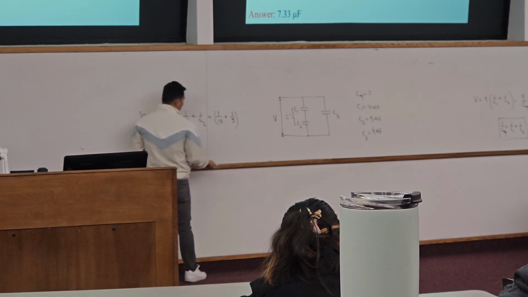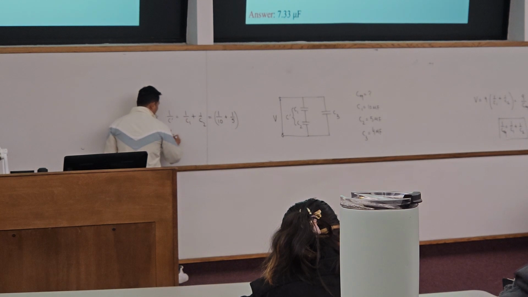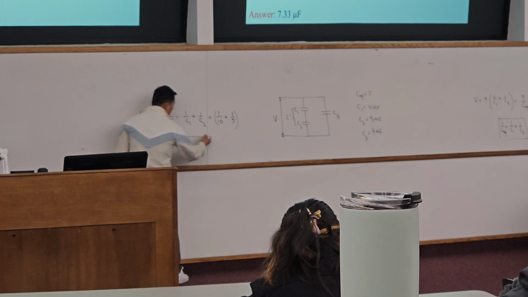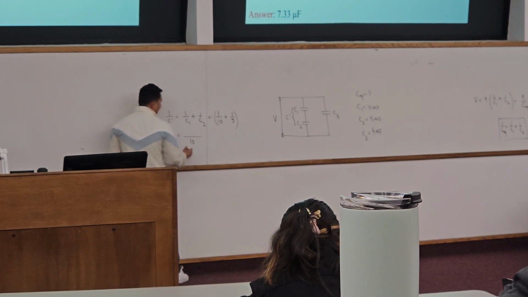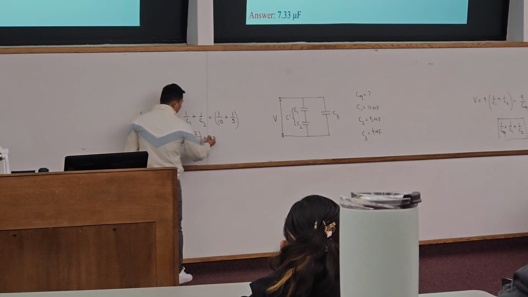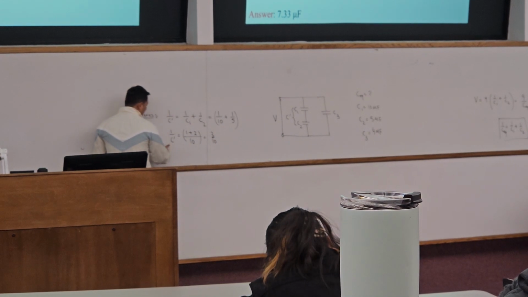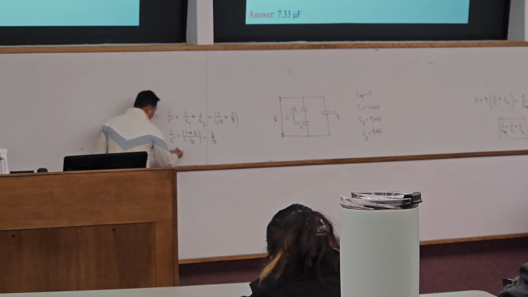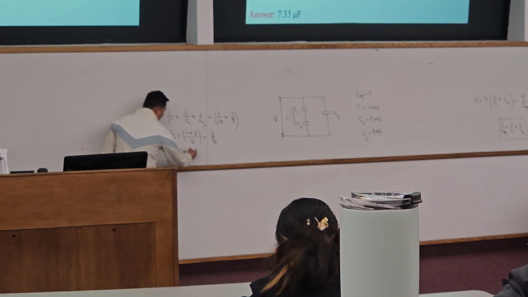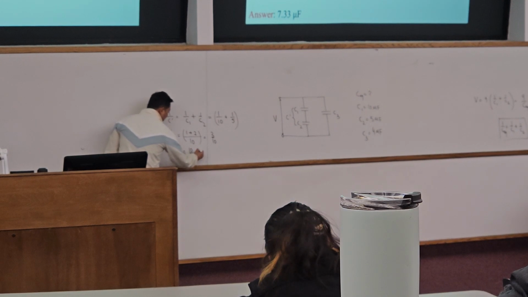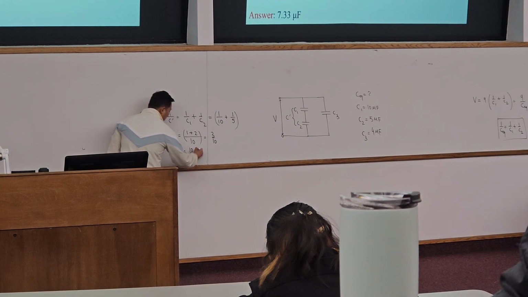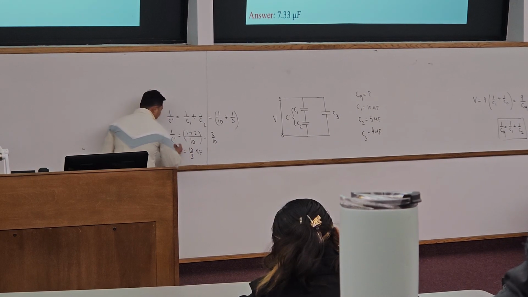Now you know how to combine this. 1 over C prime equals, with the common denominator 10, 1 plus 2, which is 3 over 10. Now if you want to find C prime, because it's 1 over C prime, you need to flip it to the other side. C prime is going to be 10 divided by 3, in microfarad.